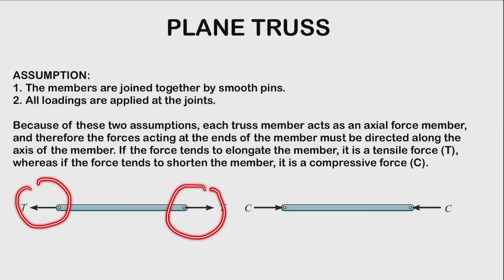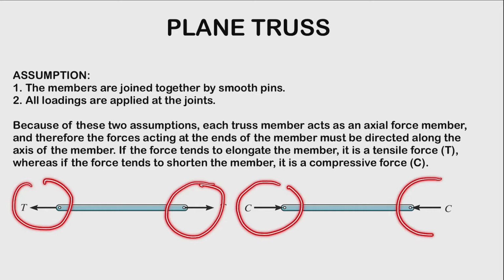Therefore, all the members of our trusses are actually axially loaded two-force members. That means the forces acting on the ends of our members can only be either tensile forces or compressive forces.